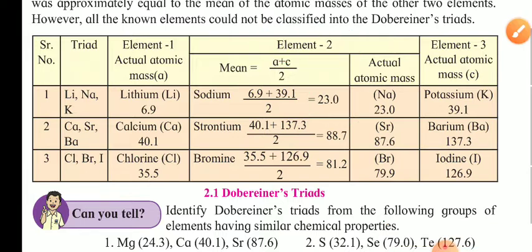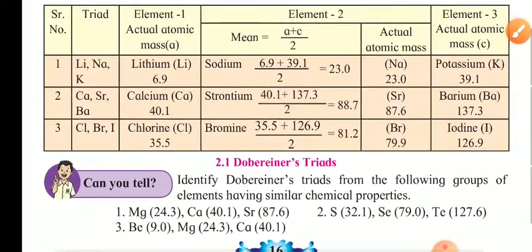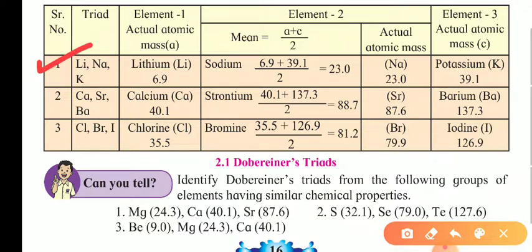The example he took as the first triad is lithium, sodium, potassium. Here sodium is in between. For the calculation, lithium's atomic mass is 6.9 and potassium's is 39.1, and the average calculated here comes to 23. The actual atomic mass of sodium, when it was studied, was found to be similar, 23.